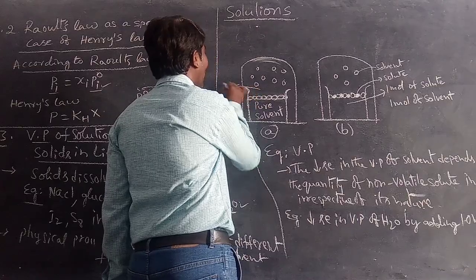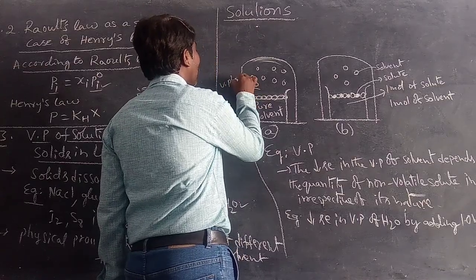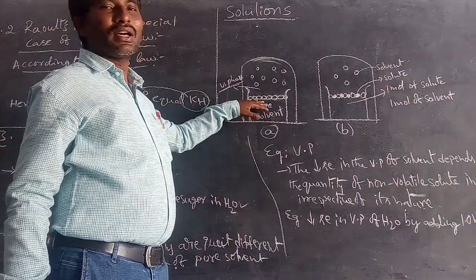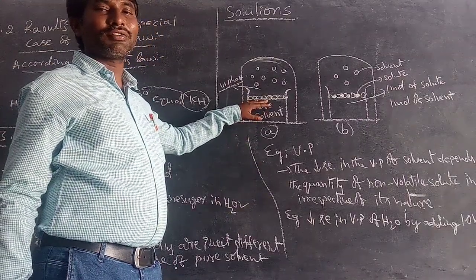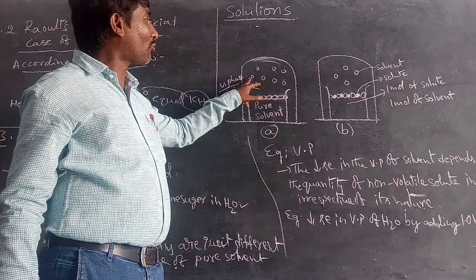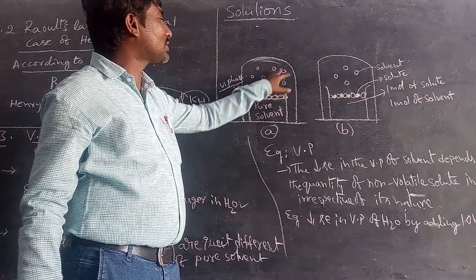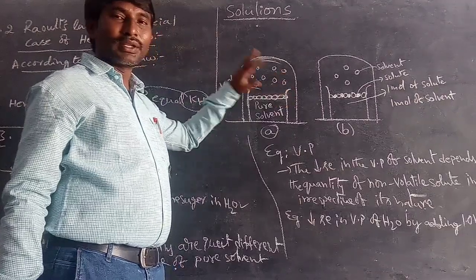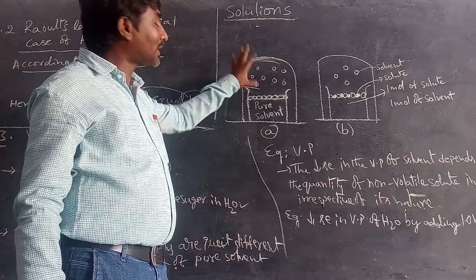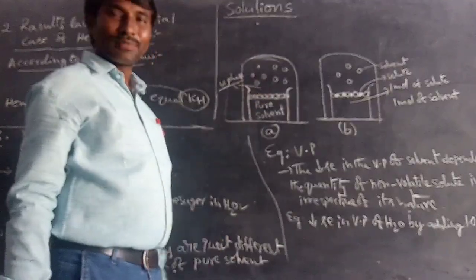Suppose the number of solvent molecules in the vapor phase is 8: 1, 2, 3, 4, 5, 6, 7, 8. Let us consider 8 particles in the vapor phase.